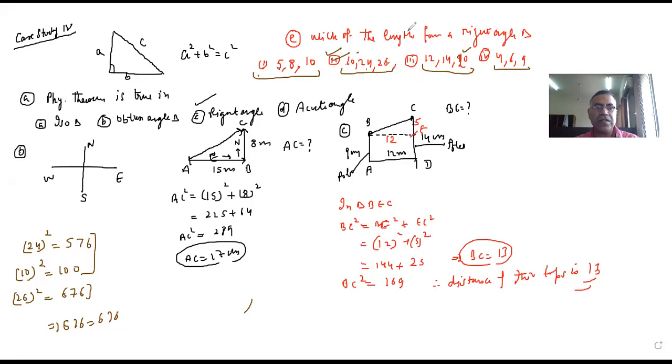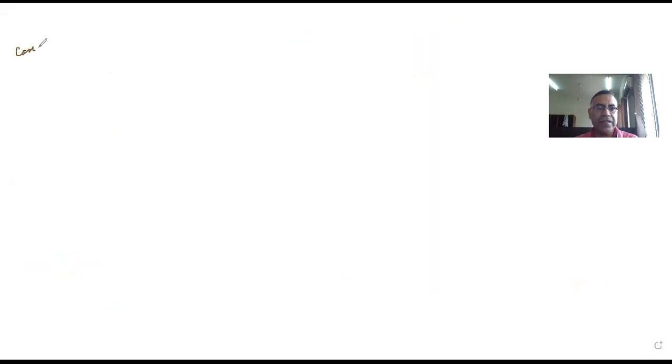Now, come to the next case study, fifth case study, from this chapter. Now, he's saying Raman is 6 feet tall.